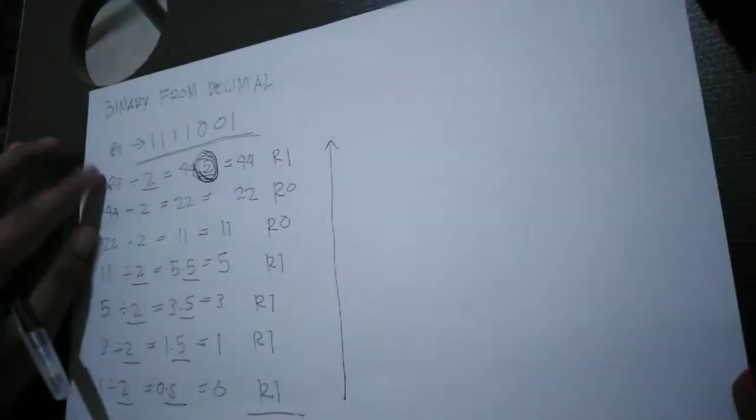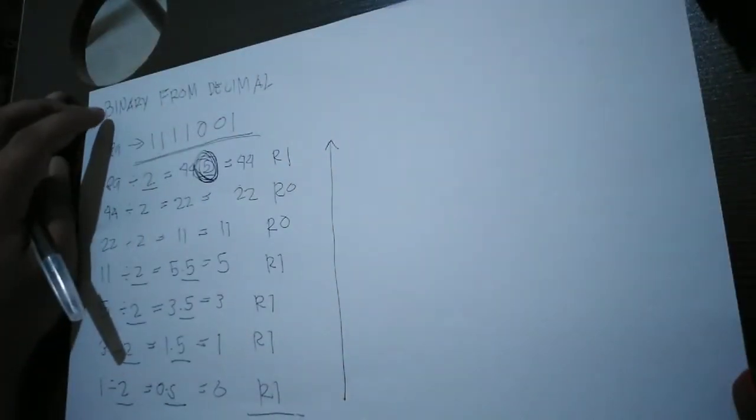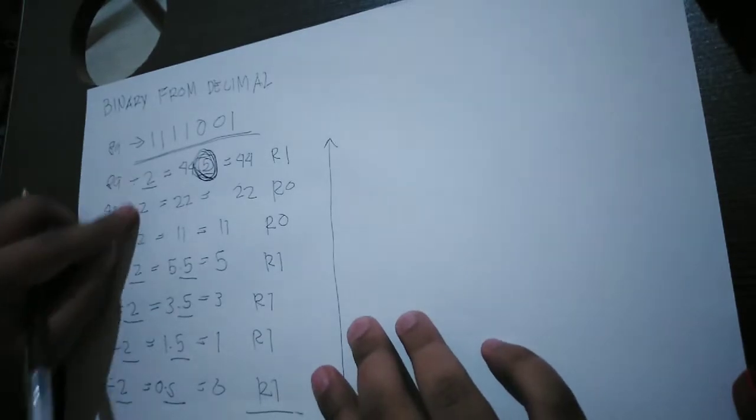We can convert decimal to octal by simply doing the same process as from decimal to binary, but instead of using 2, we will use 8. So let's divide 89 by 8, we'll get 11.125.